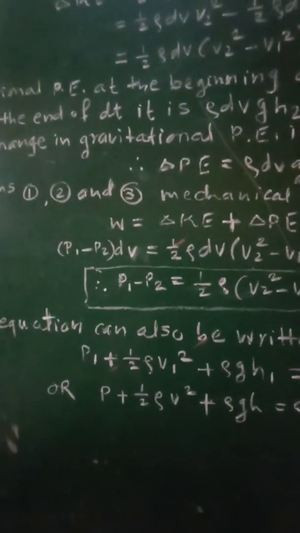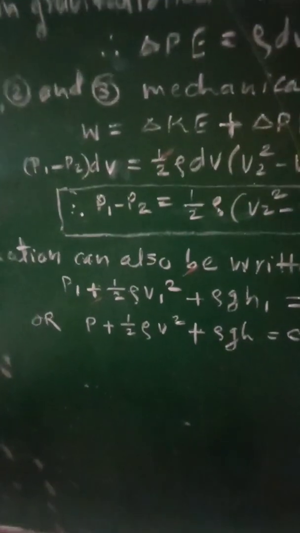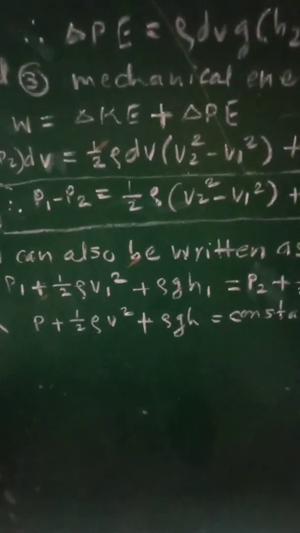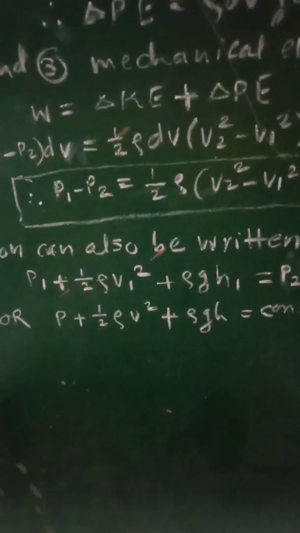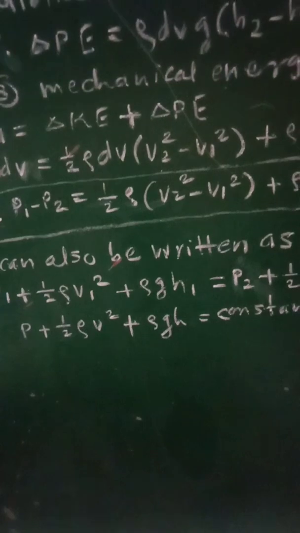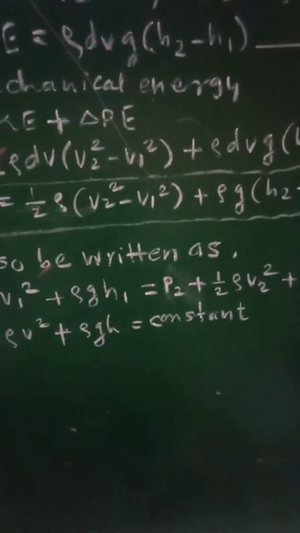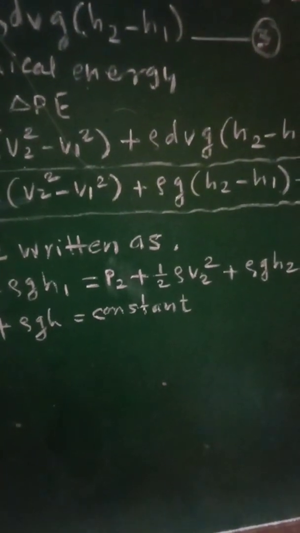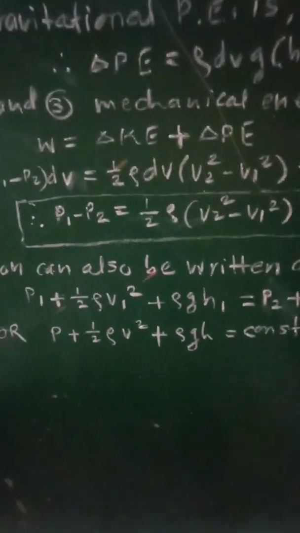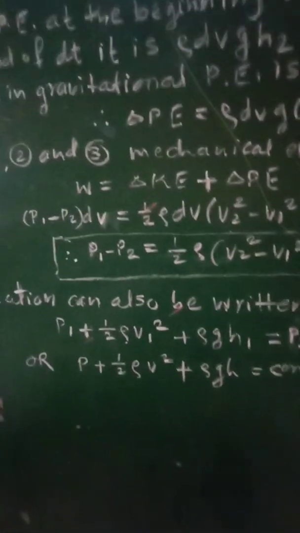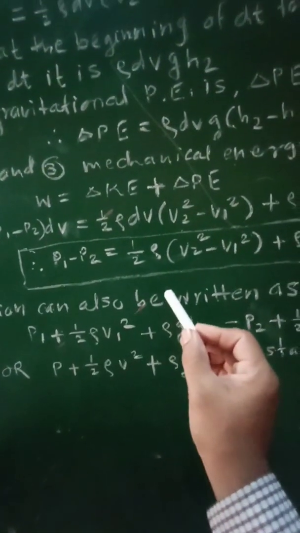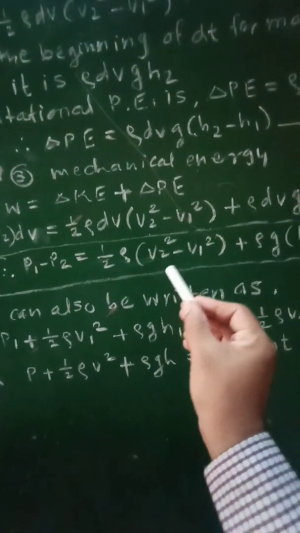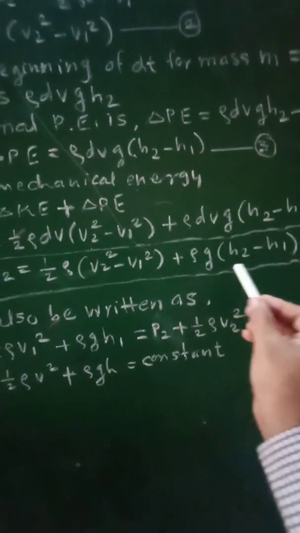So this Bernoulli's equation can also be written in another form. This equation is again written as P1 plus half rho V1 square plus rho g H1 equal to P2 plus half rho V2 square plus rho g H2. This equation is obtained from the above equation, where P1 and P2 get separated, and these terms get separated for V2 and V1 and H2 and H1.